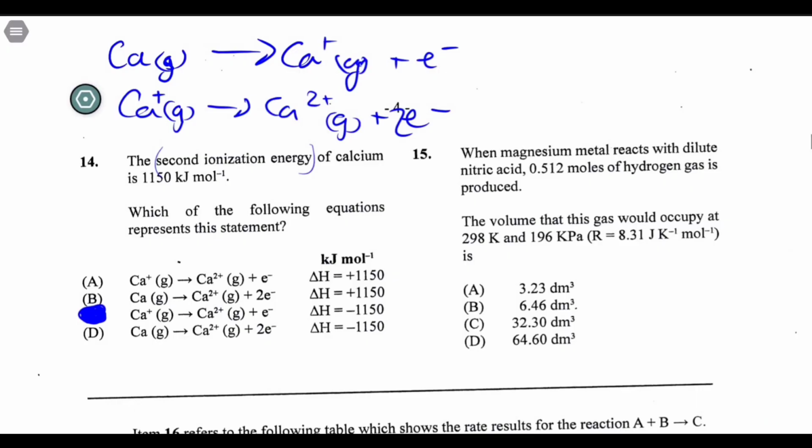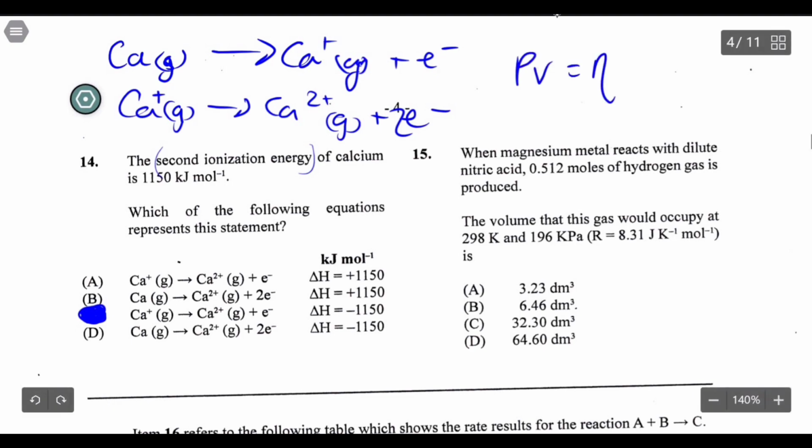Now 15, when magnesium metal reacts with dilute nitric acid, 0.512 moles of hydrogen gas is produced. The volume that this gas would occupy at 298 Kelvin and 196 kilopascal, when R is equal to 8.31 joule per Kelvin per mole, is... You want to use this equation: PV is equal to nRT, where n is the number of moles.